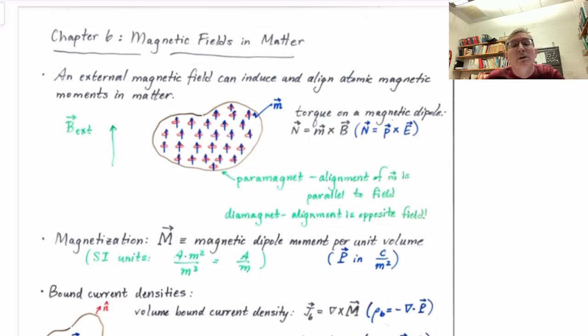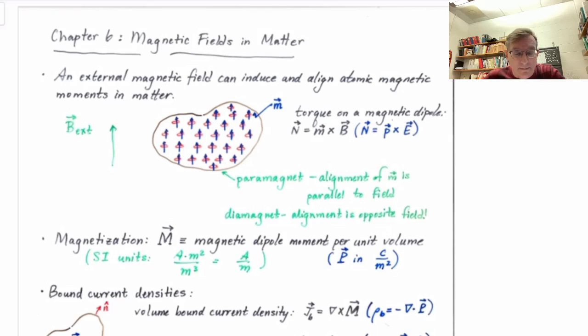And I have shown the picture as if the chunk of matter is what's described as paramagnetic. In a paramagnetic material, these induced little magnetic dipole moments, little m arrow, are basically in the same direction as the external magnetic field that is causing them.